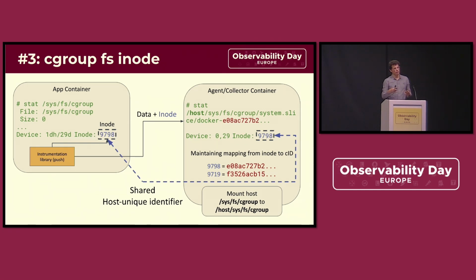So what's possible to do is to read this inode number inside your application container, in your instrumentation library, and attach it to your observability data as before, but instead of a container ID, it's an inode.